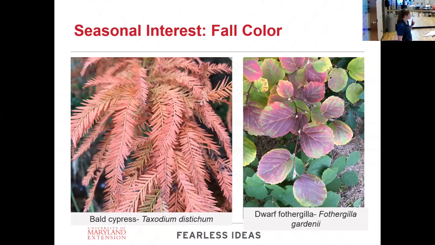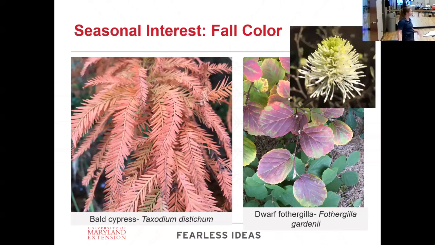Something's happening to my bald cypress, it's dying, it's lost all of its leaves. Oh no, don't worry. I love those calls, because I can solve this problem, it'll come back next year. So those are really wonderful. There's the dwarf fothergilla, very popular with pollinators as well. Very cool, very alien looking.